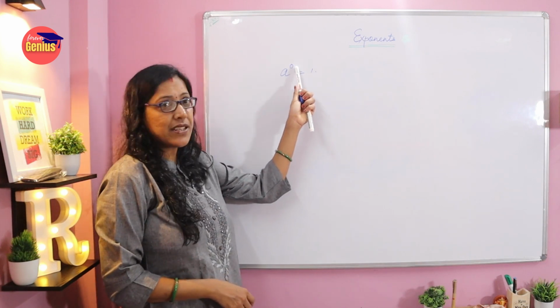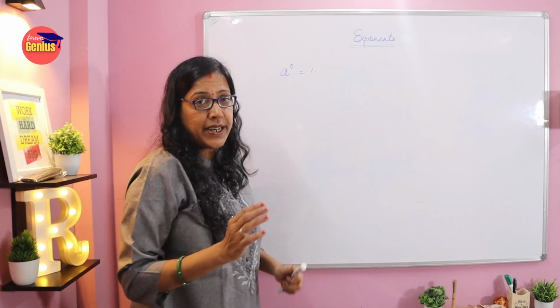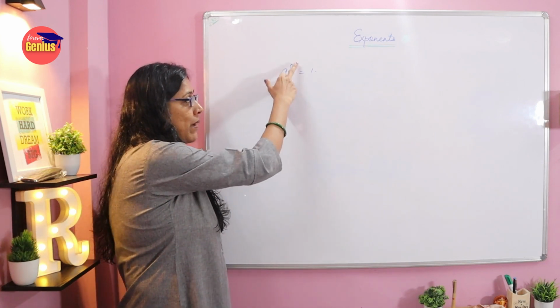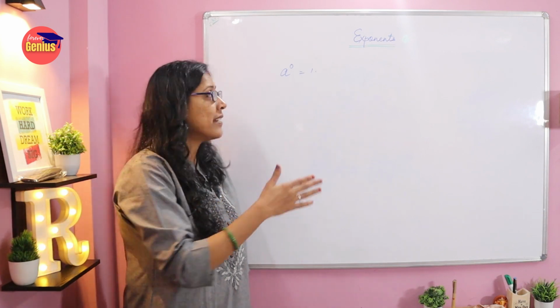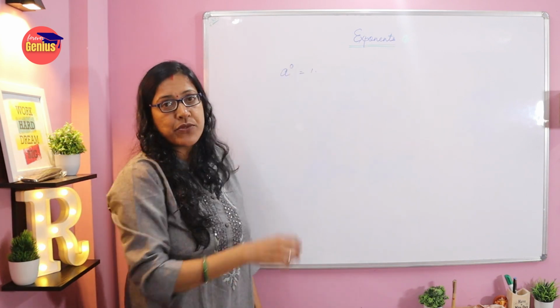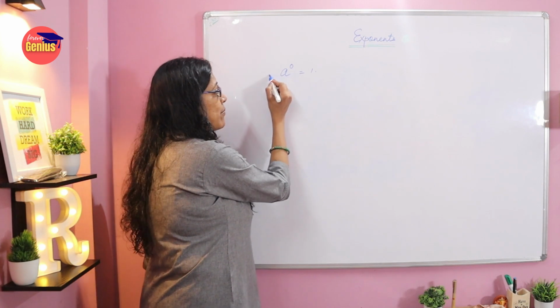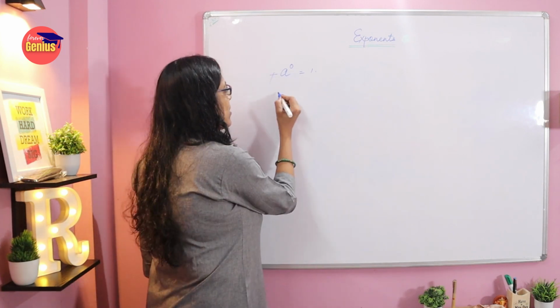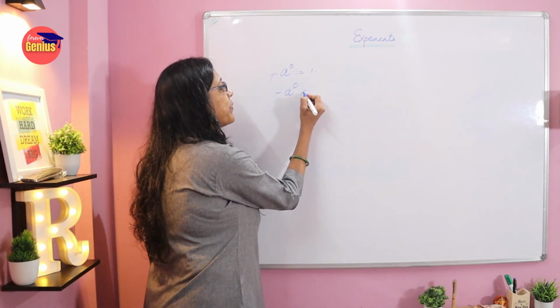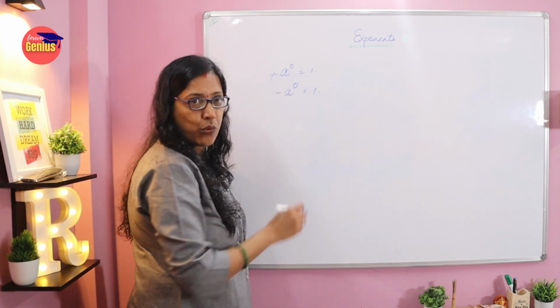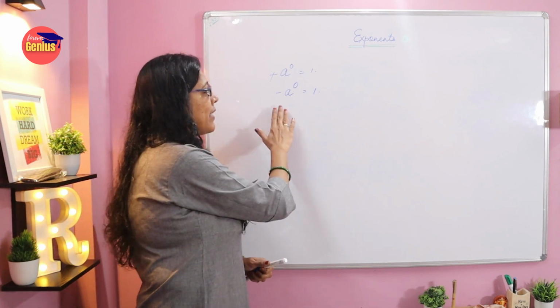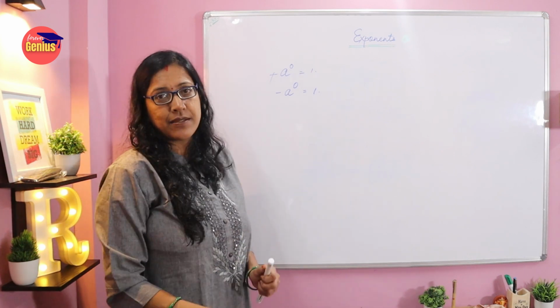Because if the power notation is 0, then this total will become 1. This is in positive form. Suppose this is in negative form. In that case also it becomes 1. We don't have to do any other calculation in this.